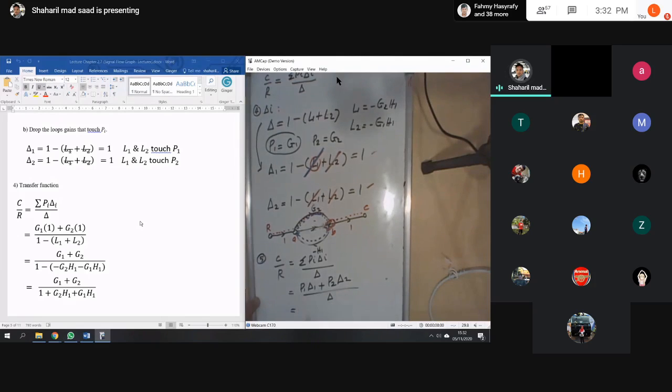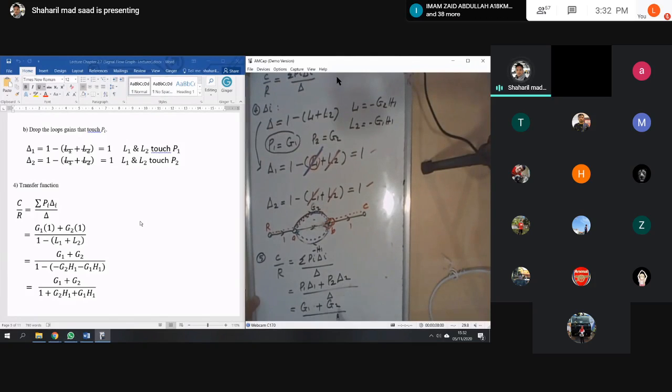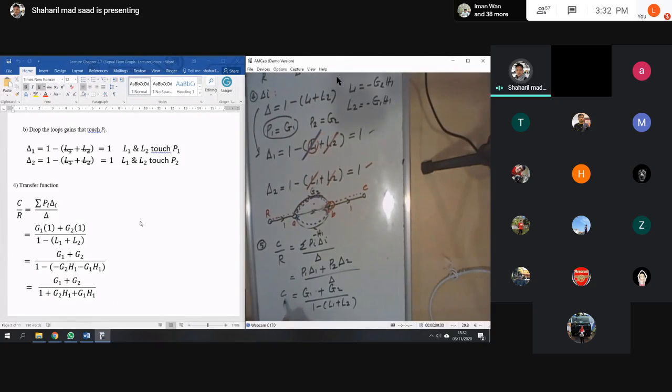So P1 is G1, delta 1 is 1, plus P2 is G2, divided with delta, 1 minus L1 plus L2.